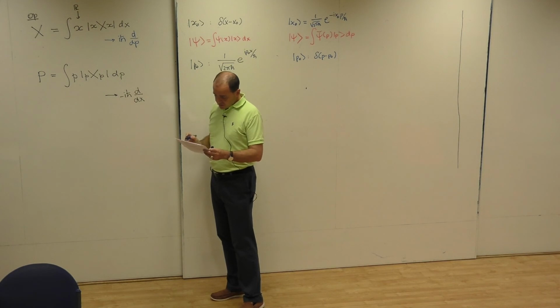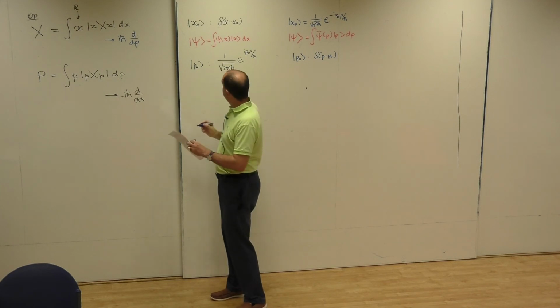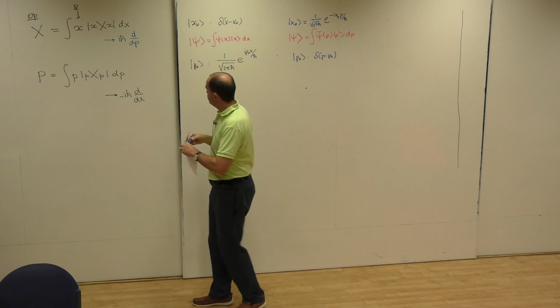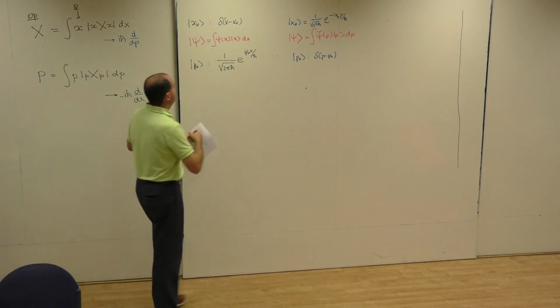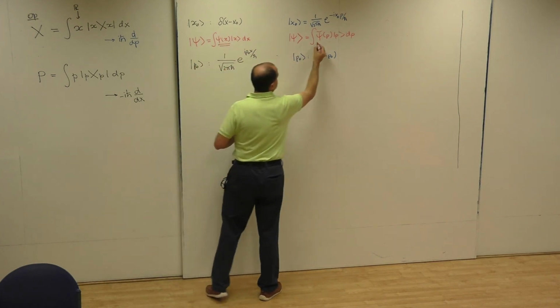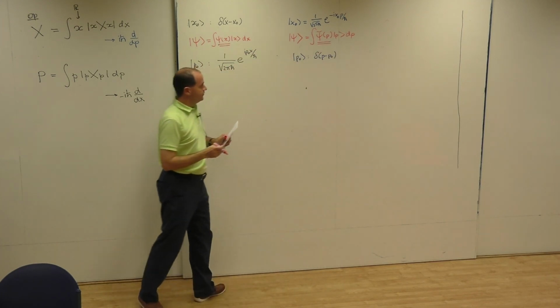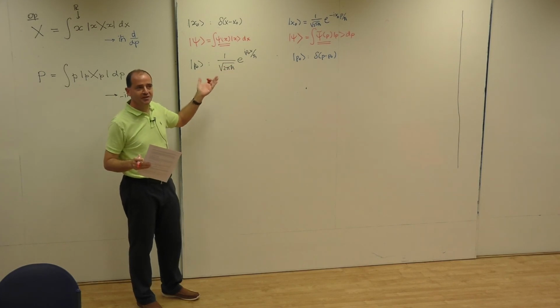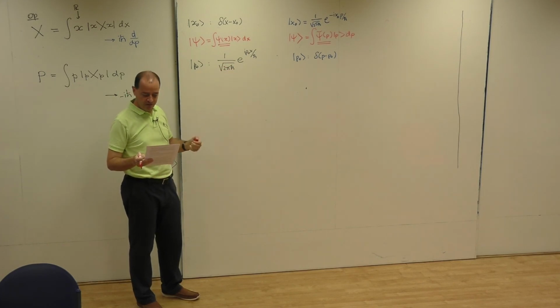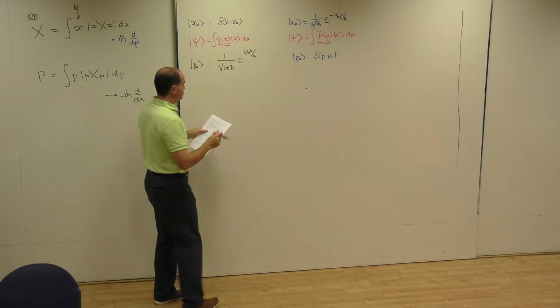Okay? And now let's see, finally, what is the relation between these two? Between psi of x and psi tilde of p. It's the same vector. It's a change of basis. There must be some relation, right? That cannot be completely uncorrelated. Well, let's try.